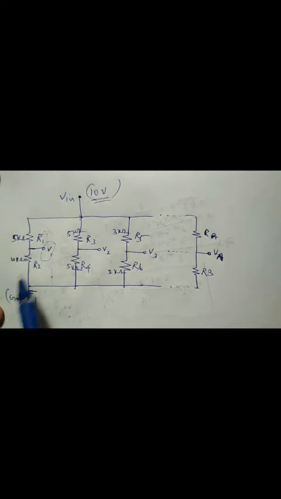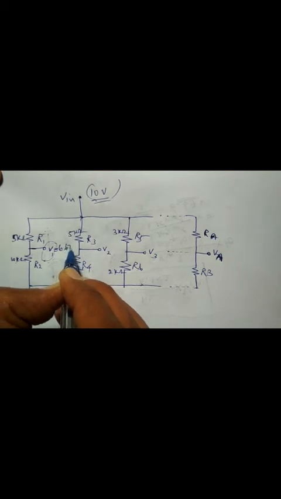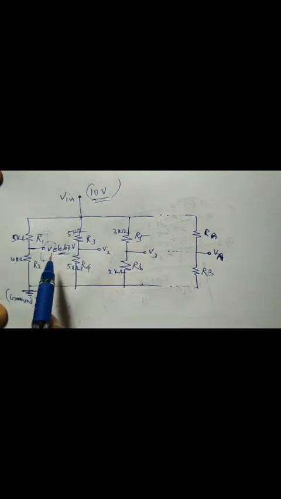So if you choose 5 kilo ohm and 10 kilo ohm, as we discussed in the earlier discussion, then V1 becomes 6.67 volts approximately. So this V1 alone can be used to drive the first part of the complex circuit. This V1 acts as an individual power supply, but it is from the main power supply of 10 volts.